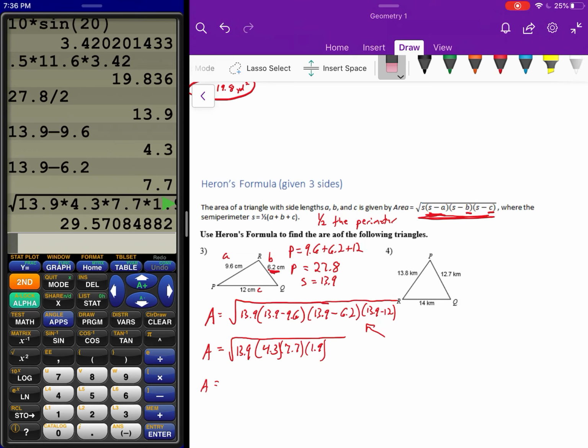And now we can come out of the square root, hit enter, and the answer is 29.6 centimeters squared. So that's Heron's formula. Pretty straightforward. Just find the semi-perimeter and plug that in.